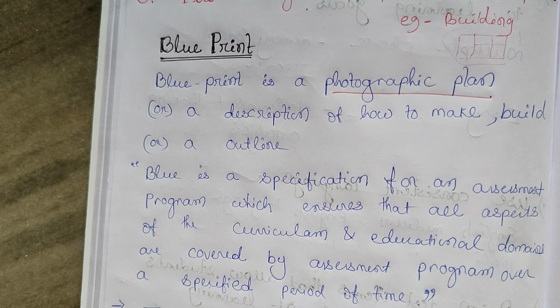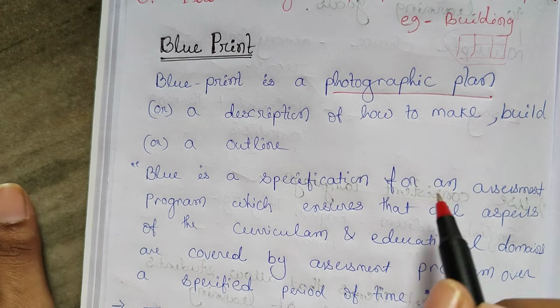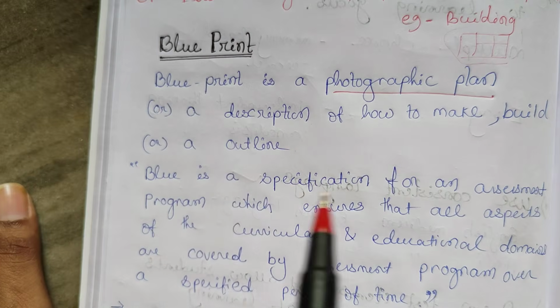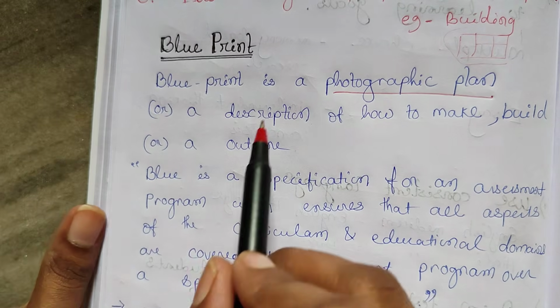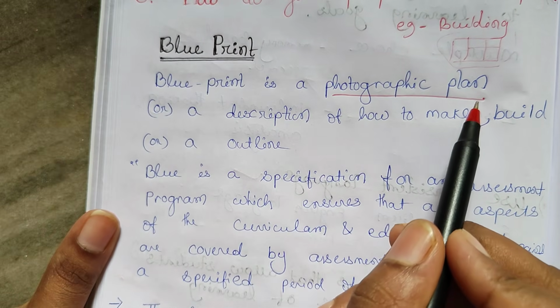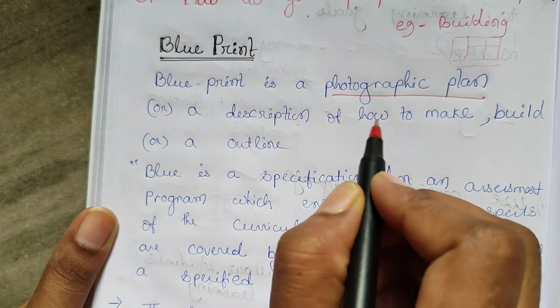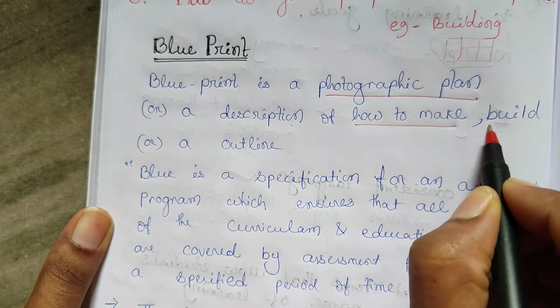And if you want to build a school, you want to start a construction, first you are planning, planning an outline. Here you will do this one, there we will do that one. So blueprint is a photographic plan or description of how to make or build.